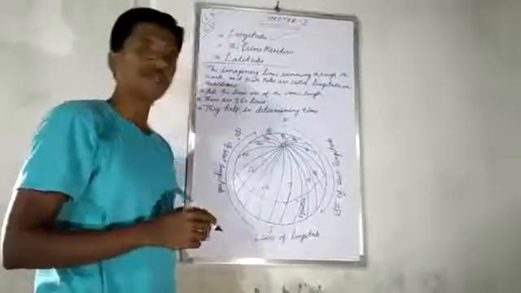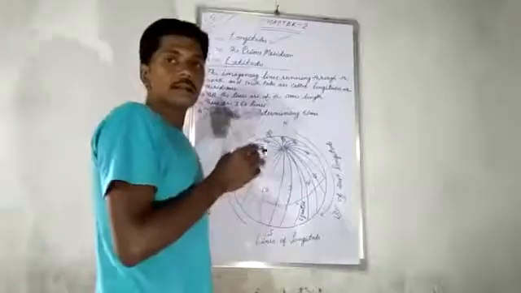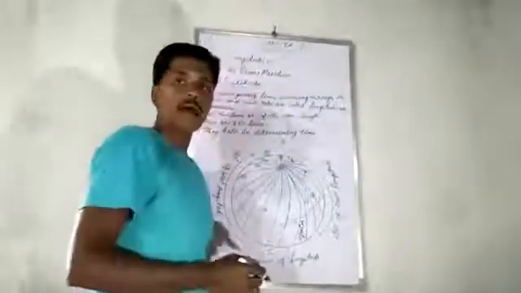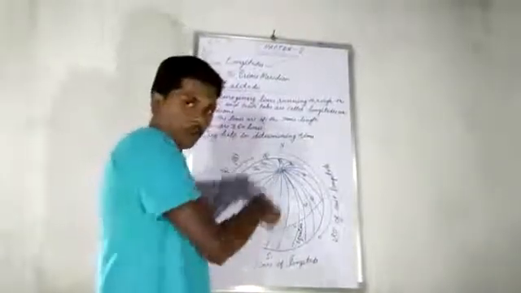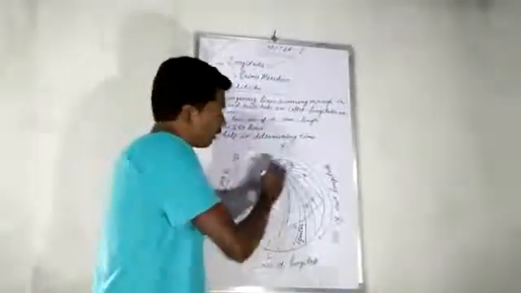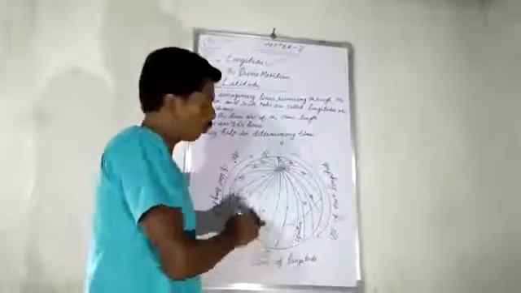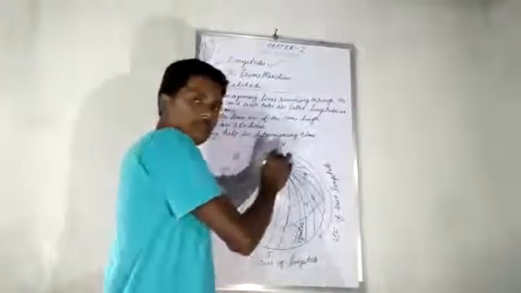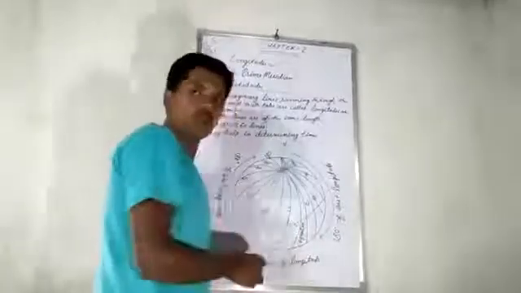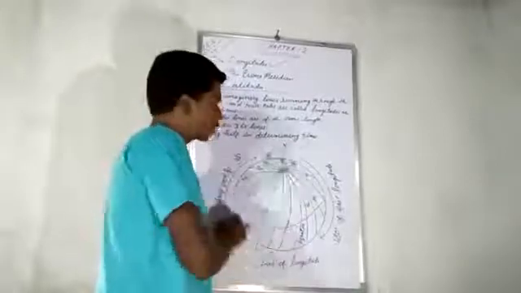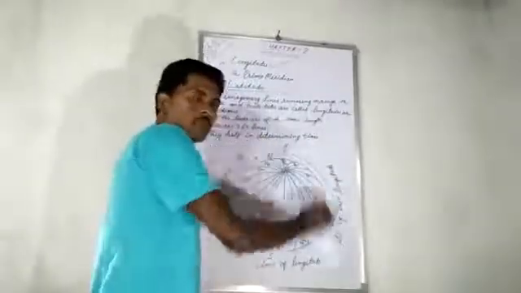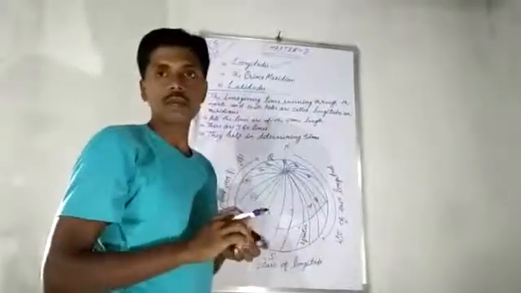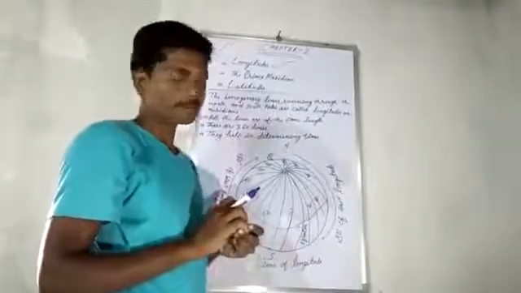Once again, we take the North Pole and South Pole as the standard reference points and draw equal distance lines. These equal distance lines will be drawn around the globe. These all lines are called longitudes or meridians.